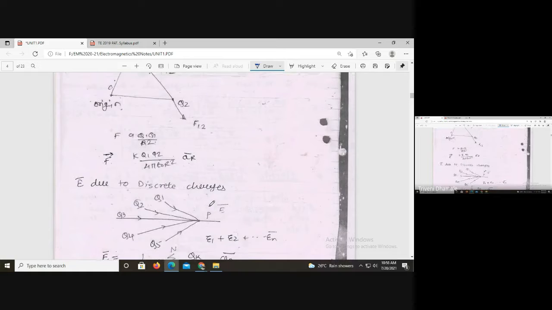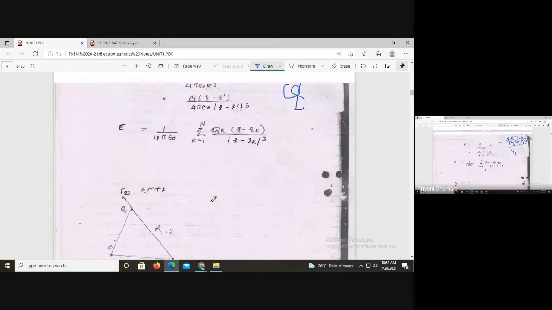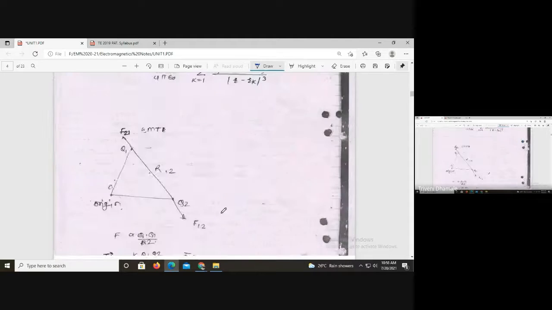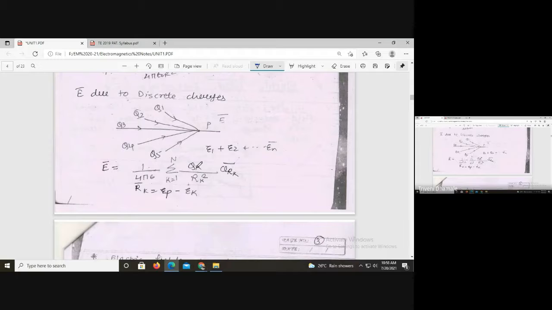But in our basic E bar field strength formula, only one Q is there divided by 4 pi epsilon R square. 4 pi epsilon is the common term, multiplied by the unit vector. Very simple E bar formula. But this E bar electric field strength is due to only the point charge.